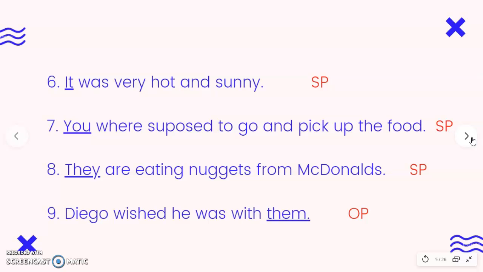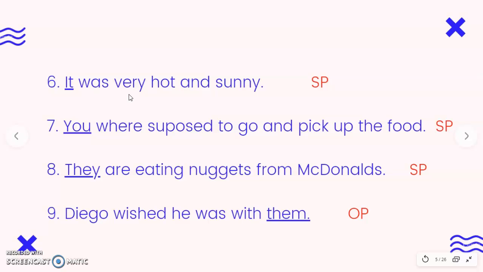Number 6. It was very hot and sunny. So here, let's find our pronoun first. It. Now that we have our pronoun, we're gonna find our action verb.